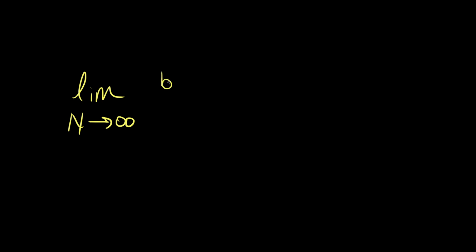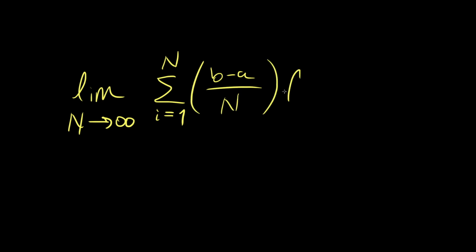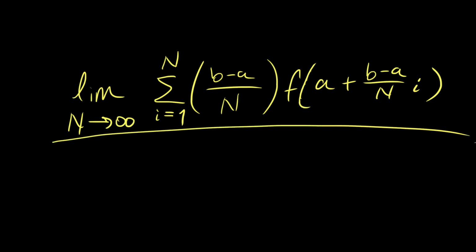So it should be b minus a over, let me add the summation, n, the number of rectangles, i is equal to 1, and then b minus a over big N. This is the width, and f of a plus b minus a over big N times i. Yep, so this here is the definition of an integral.